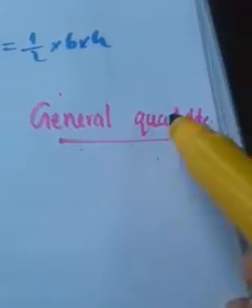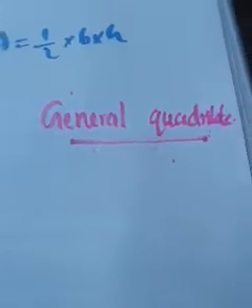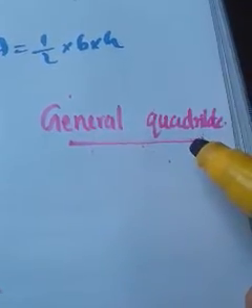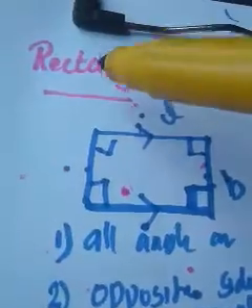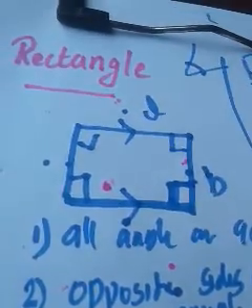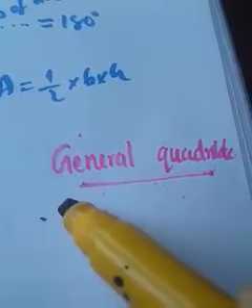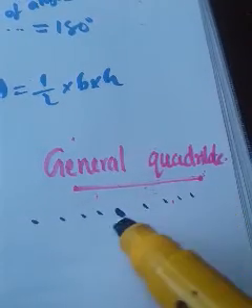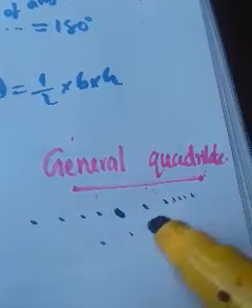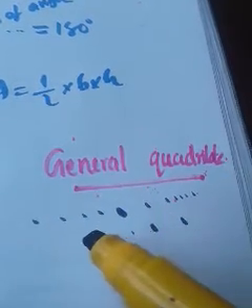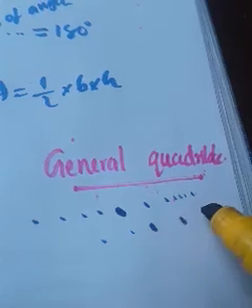Then, general quadrilateral. A general quadrilateral means it is just a quadrilateral. A rectangle is a quadrilateral. What do you mean by quadrilateral? I forgot to tell you, you can write the definition here. A quadrilateral is defined as a four-sided closed shape.